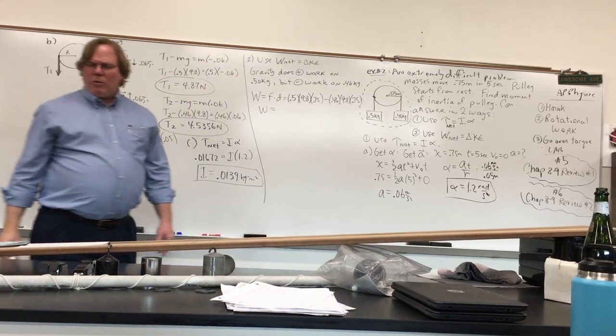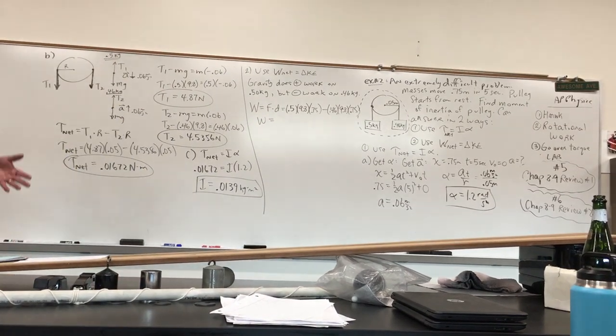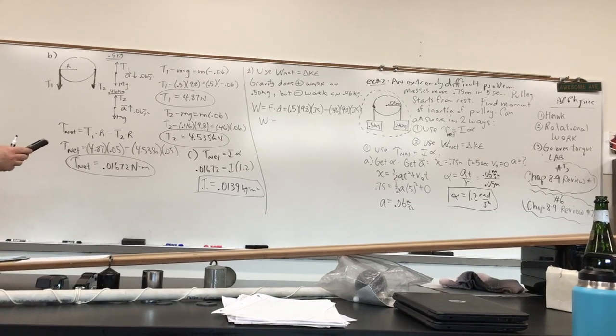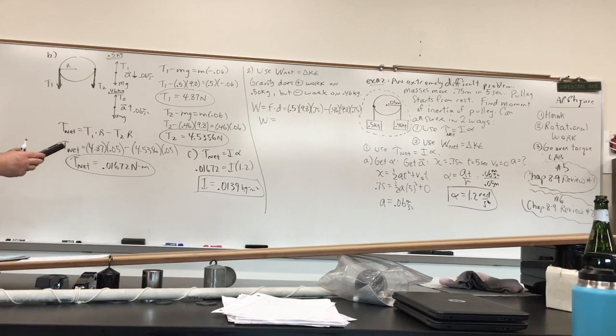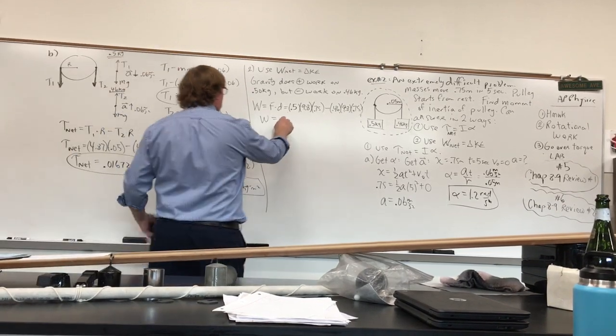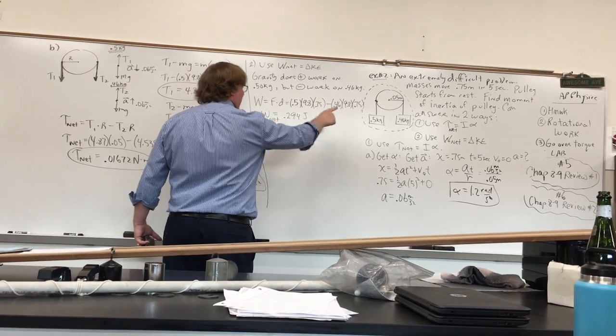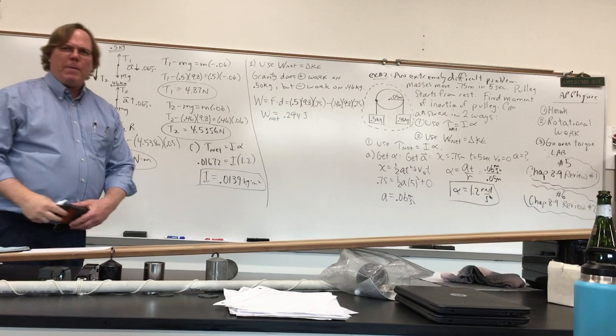So I hope you see that the work that gravity is doing on the system is going to be 0.294 joules. That's the net work that gravity is doing on the system.